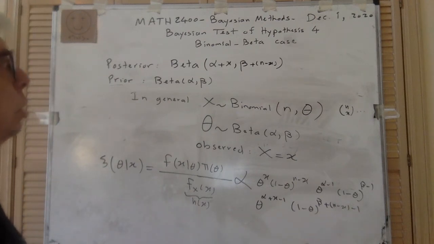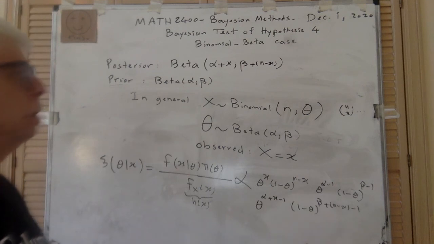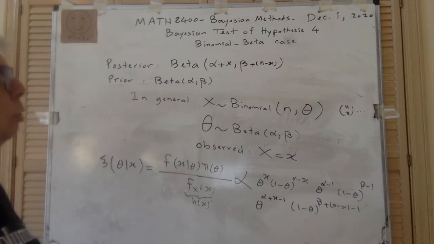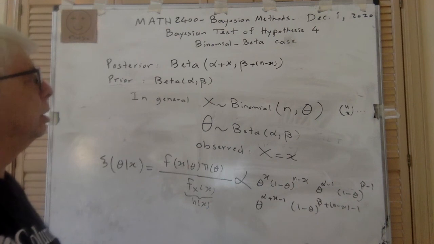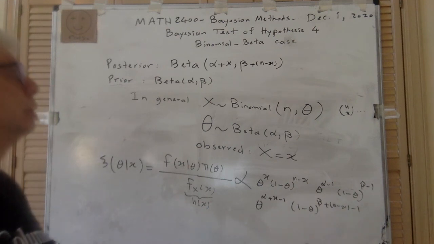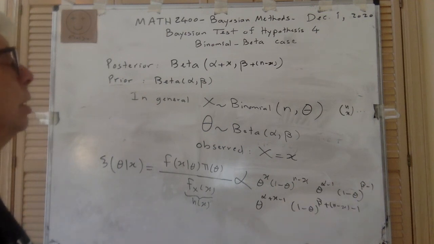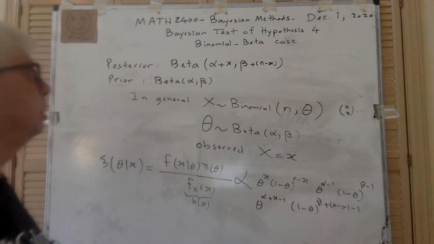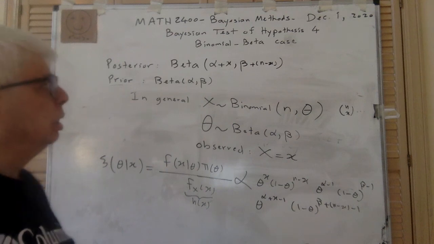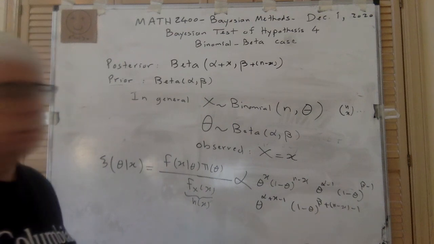There are other situations. Yesterday I discussed normal, when the distribution is normal and you take theta, which in that case was the mean, to be normal too, and you ended up with normal. That was amazing.